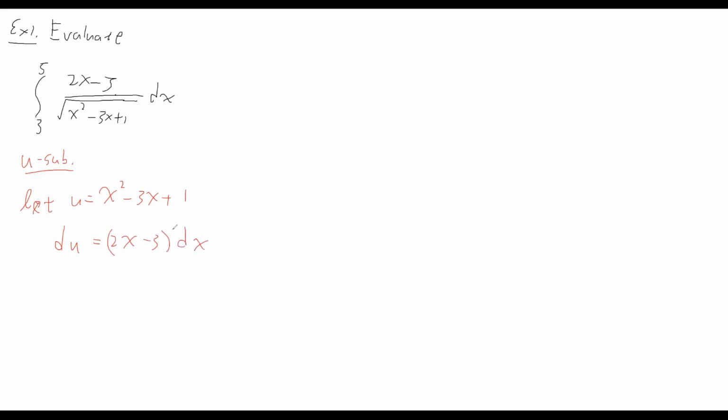You can see that the 2x minus 3 dx appears in the numerator already, so we can substitute that in. 2x minus 3 dx is just du, over the square root of u.